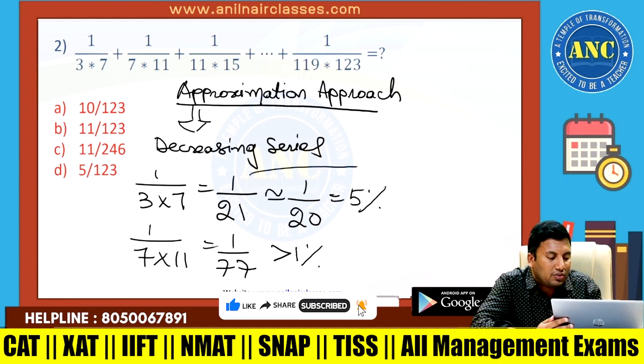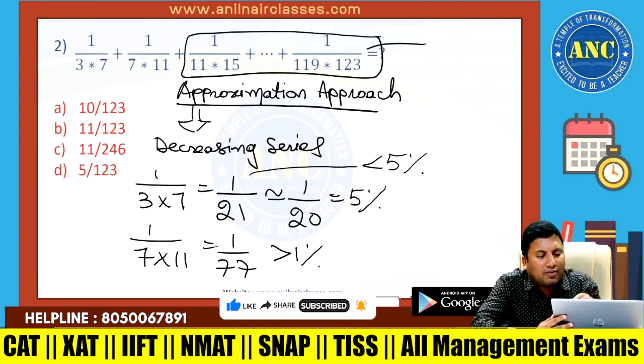So 1 by 21 is less than 5%. 1 by 165, all these are smaller values.